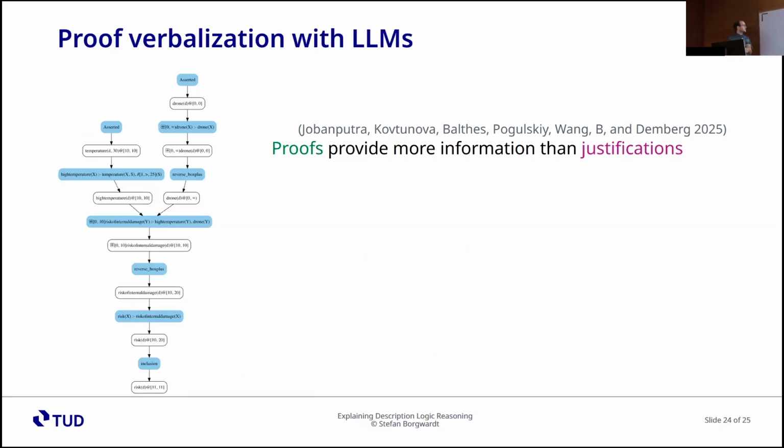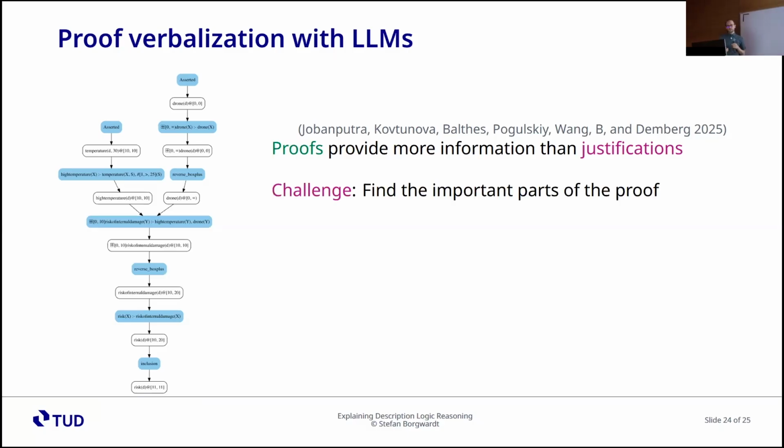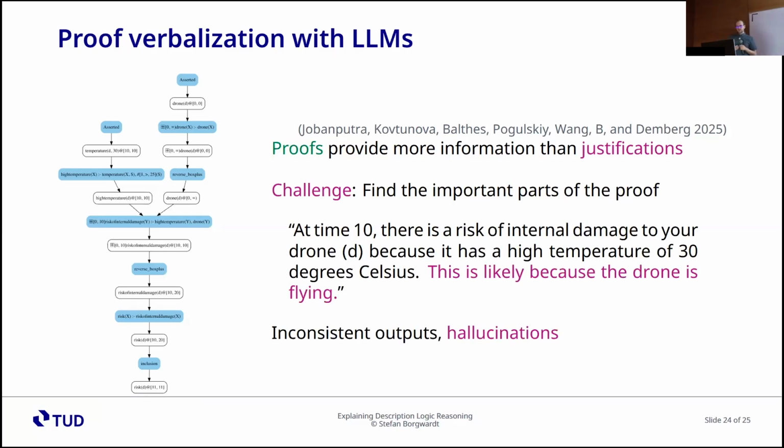I mean, this is still a relatively small proof, or this is maybe fine, but if they get larger, then this gets more complicated. And the challenge, as I said, is to find which part of the proof is the crucial step, or which parts of the sensor data are the important pieces of information, for example. And this is still challenging.